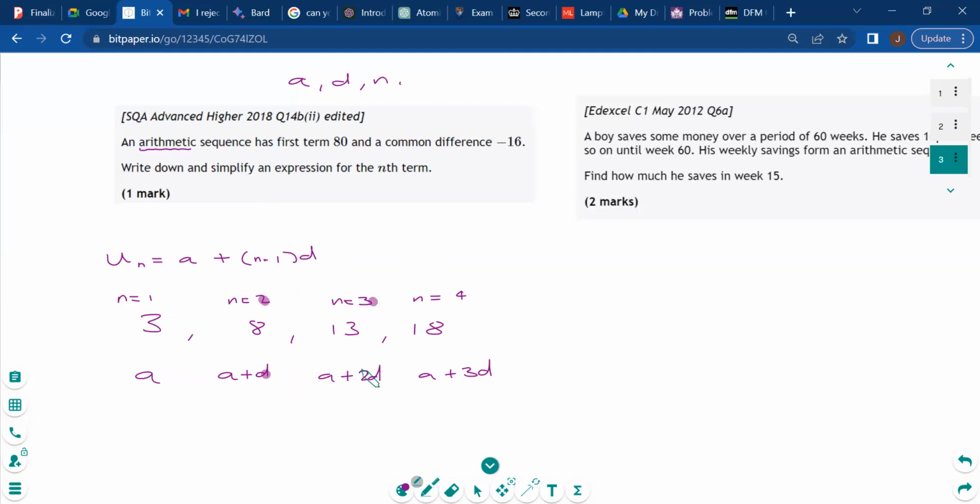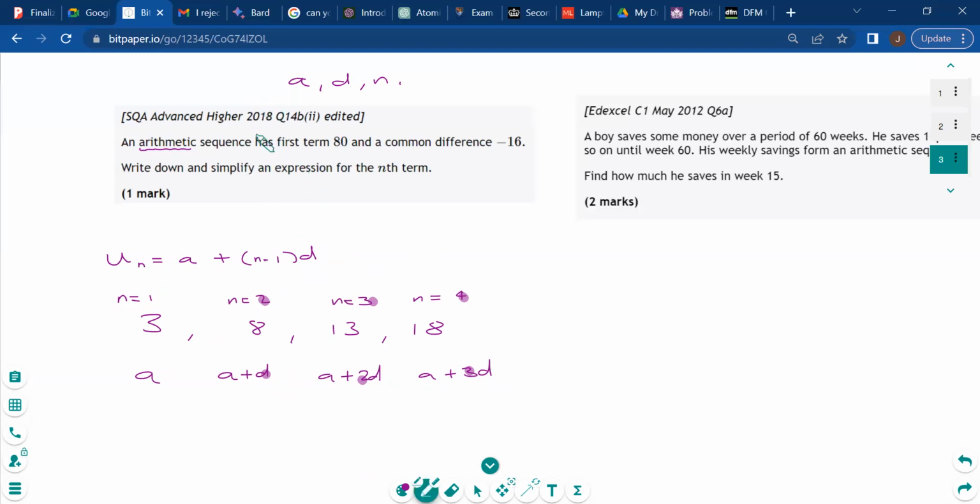So from the third term, you have 2 differences. On the fourth term, you have 3 differences. So that's where this part comes from. On the fourth term, for example, you have the difference 3 times. That's why it looks the way that it does.